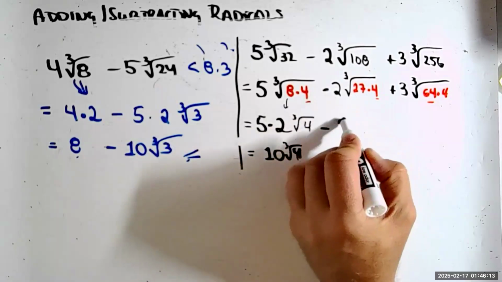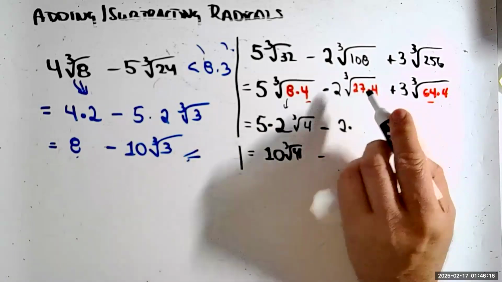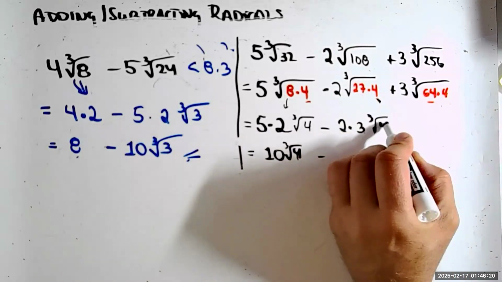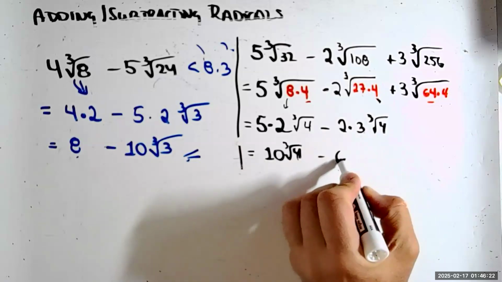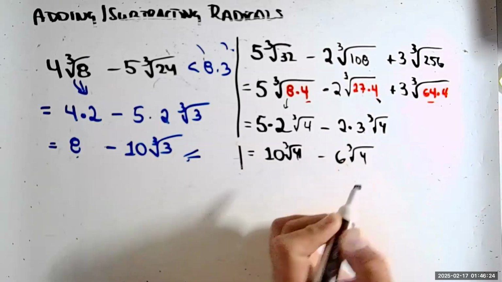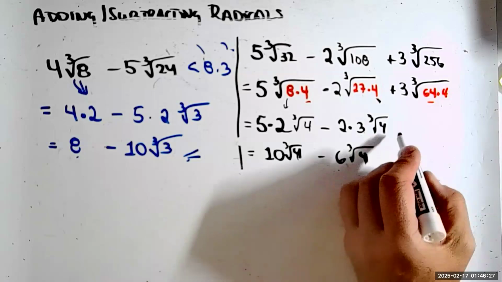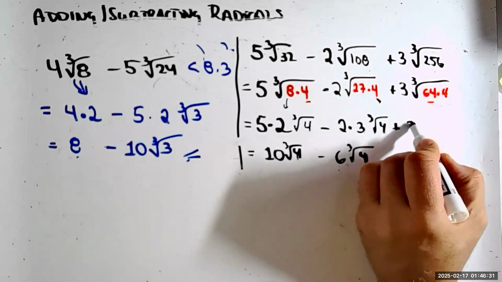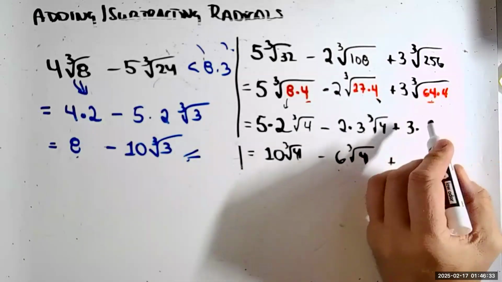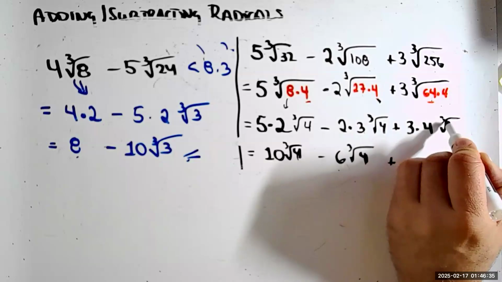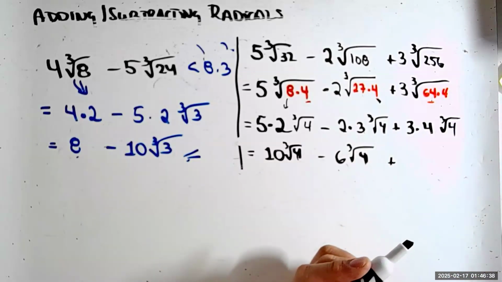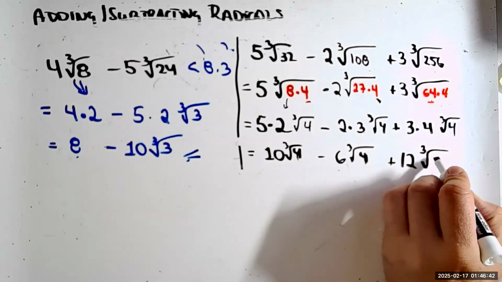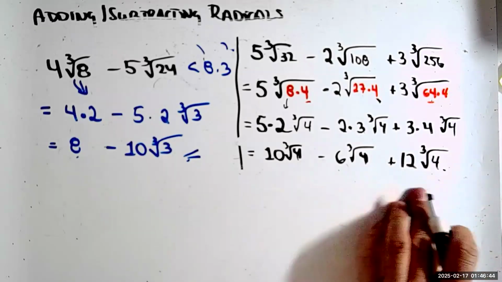Minus 2 times cube root of 27 would be 3, and the lovely 4 stays inside. 2 times 3, 6 cube root of 4. And here it will be the same: 3 times cube root of 64 is 4, and the lovely 4 stays inside. And 3 times 4, 12 cube root of 4.